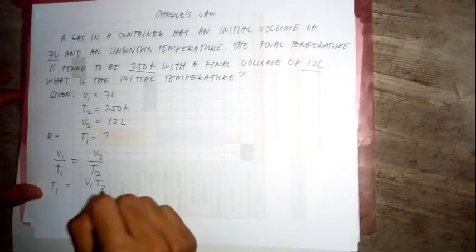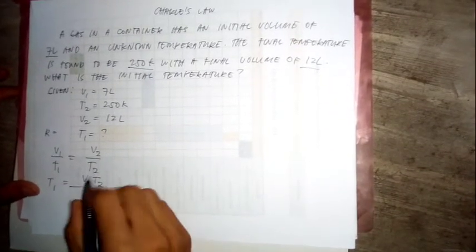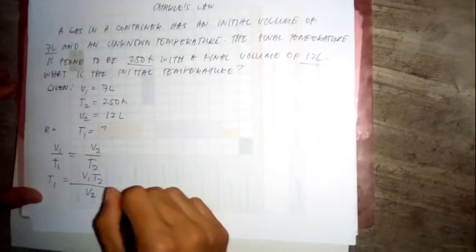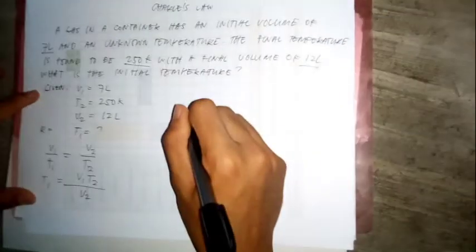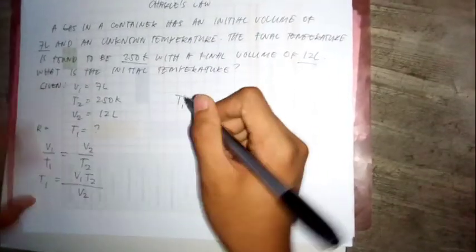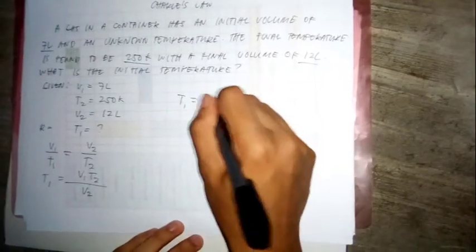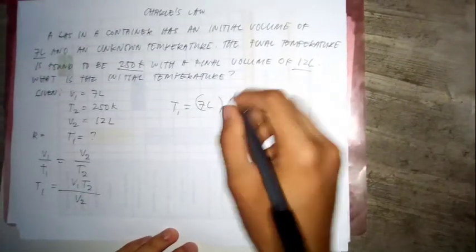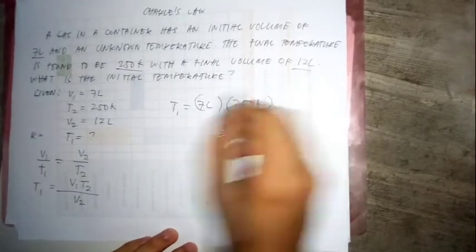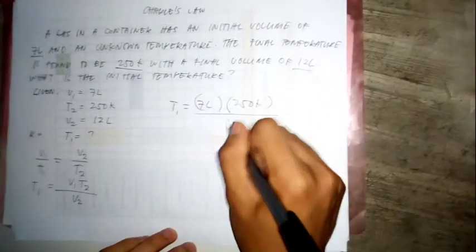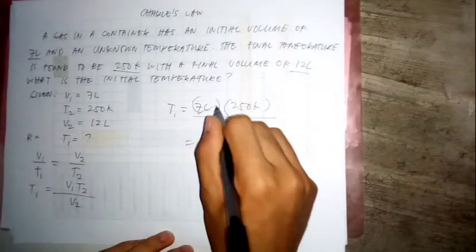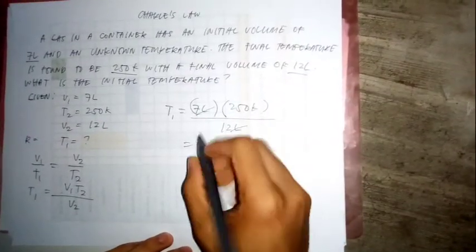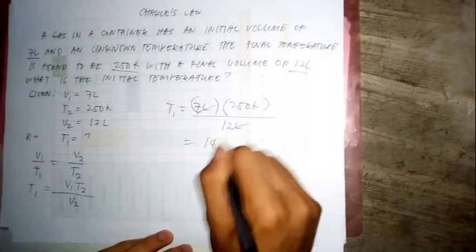So initial temperature is equal to initial volume multiplied by final temperature over the final volume. Then substitute: initial temperature is equal to 7 liters multiplied by 250 Kelvin over 12 liters. Cancel the liters. So the answer is 146 Kelvin.